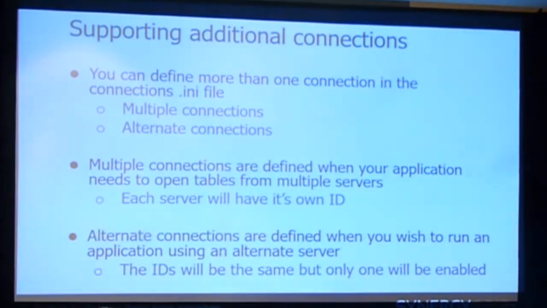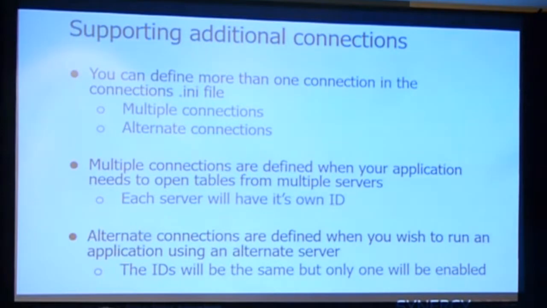So how do you do that? You just create a second managed connection ID with a second connection, and when you work with those tables, you set them up with that ID. That's what we refer to as a multiple server.